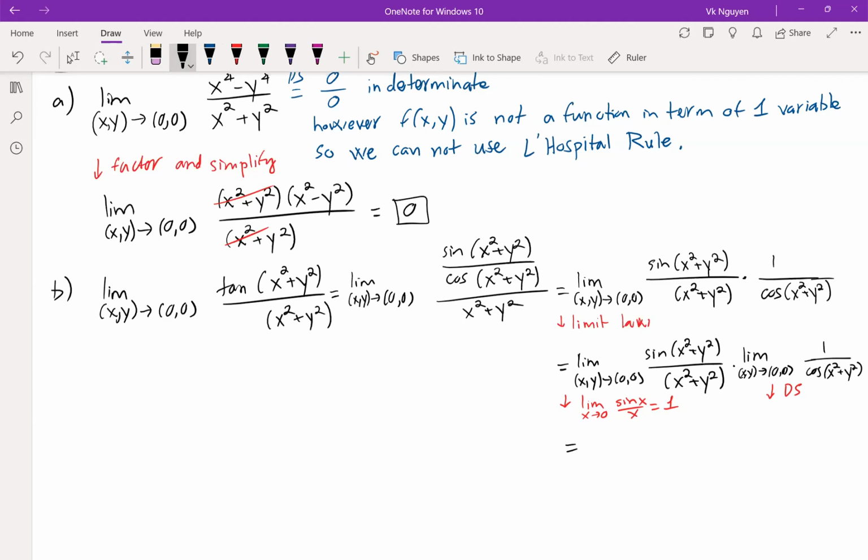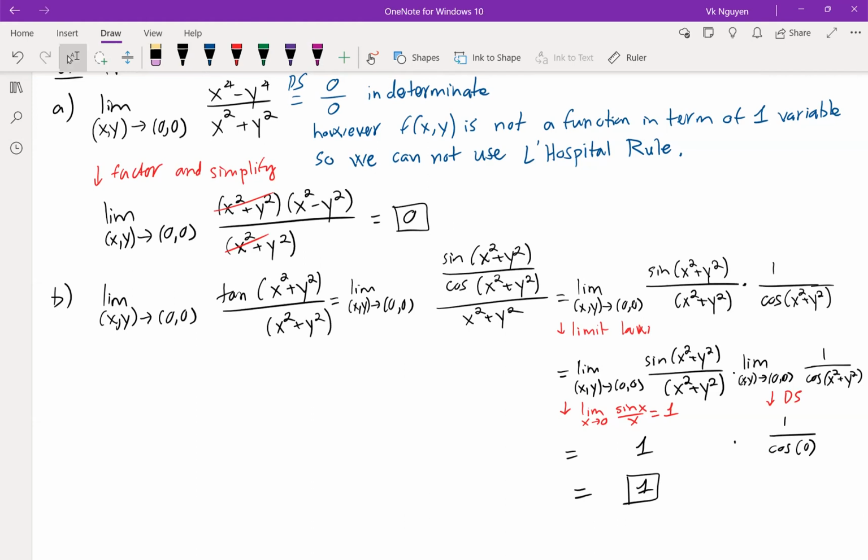Okay, we have a 1 multiplied by 1 over cosine 0, so it's just 1. We're going to be looking at problems in which we cannot simplify using algebra or any algebra trick that we know.